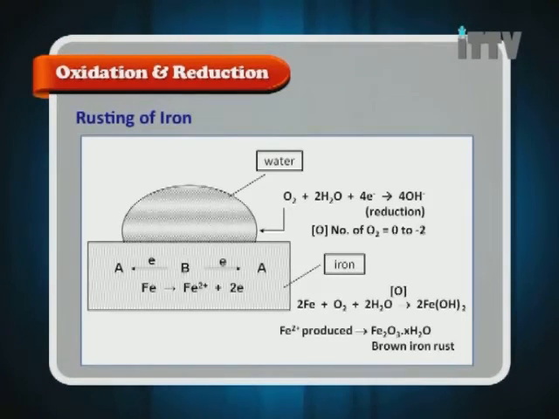And for the piece of iron there, iron will be oxidized in the presence of water to produce iron 2 hydroxide. So iron 2 is produced and it will further oxidize to produce iron 3 oxide, which is hydrated with X molecules of water, and that is the brown iron rust.